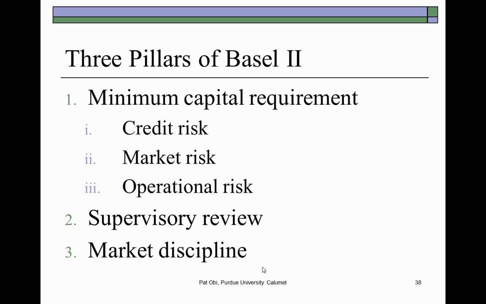The three pillars of Basel II, as I mentioned earlier, are again summarized here: minimum capital requirements, supervisory review, and market discipline.